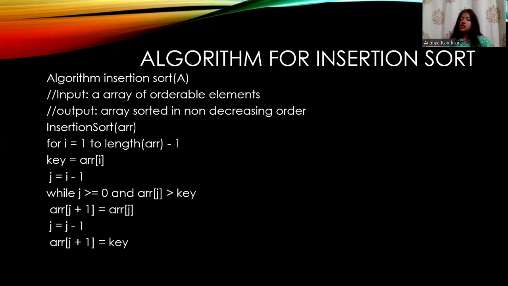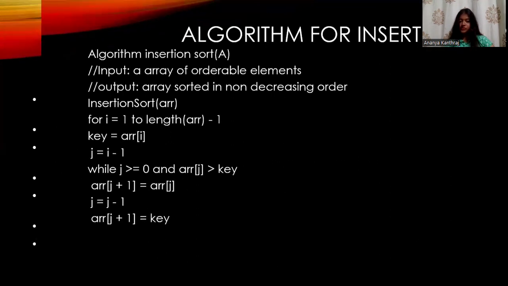And then we set j equal to i minus 1. While j is greater than or equal to 0 and array of j is greater than key, we set array of j plus 1 equal to array of j, and j equals j minus 1. Finally, array of j plus 1 is equal to the key.